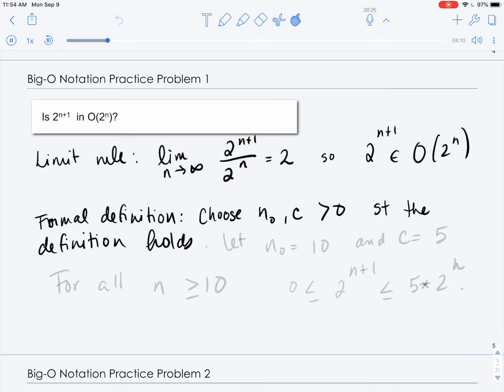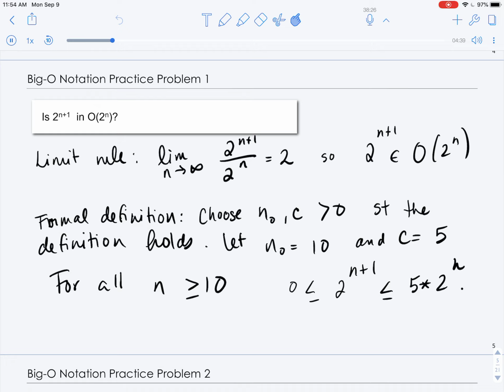For example, if we let n naught equal 10 and our constant equal 5, we know that for all n greater than or equal to 10, 2 to the n plus 1 is going to be less than or equal to 5 times 2 to the n.